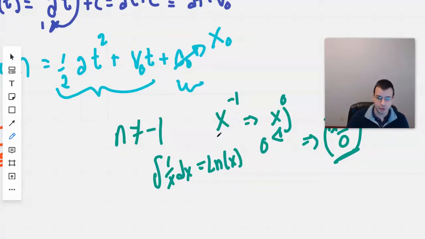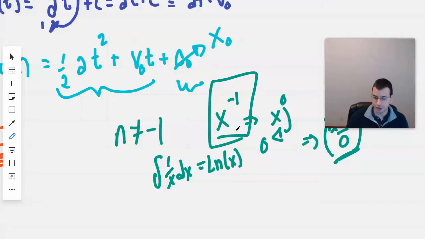So you can try the power rule on -1, and if when you go through the calculations the universe explodes because you divided by 0, go back to just slightly before the explosion of the universe and just do natural log of x instead.